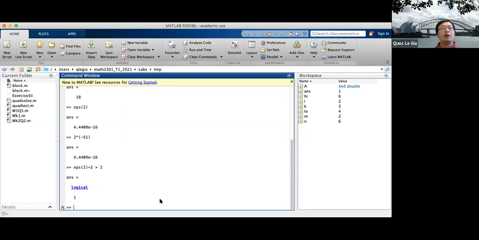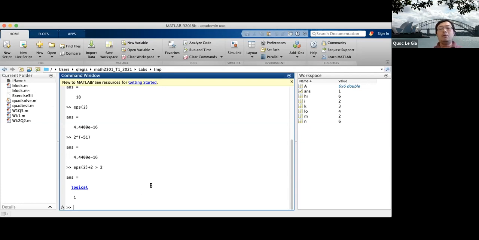No, it's normalized. It just means that the very first digit is 1. But remember, inside the computer they store only the fractional part of the significand. For 64-bit floating point numbers, they store only 52 digits of the significand.